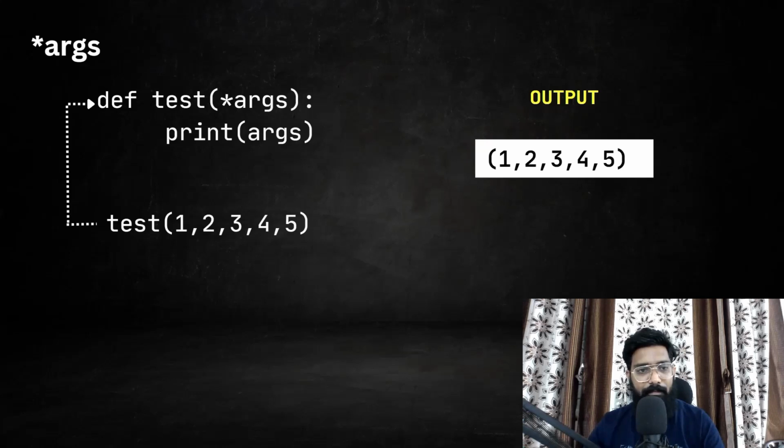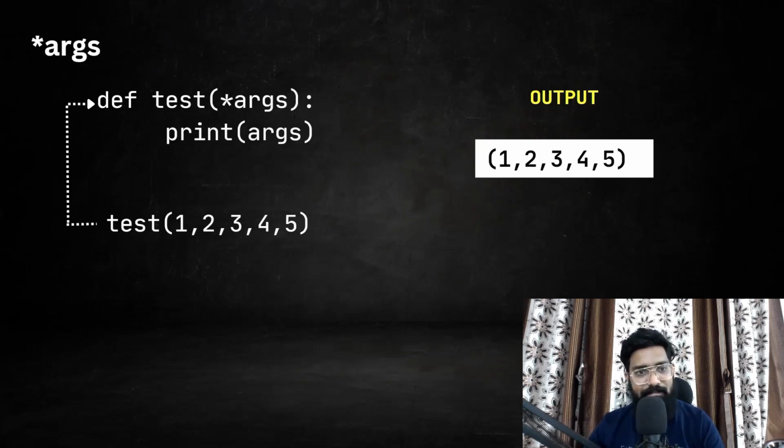For example, def test asterisk args print args. Test 1, 2, 3, 4, 5. So we are passing 5 elements, but we have defined only one parameter, which is args, and it will accept all these 5 elements and internally store them in a tuple format.